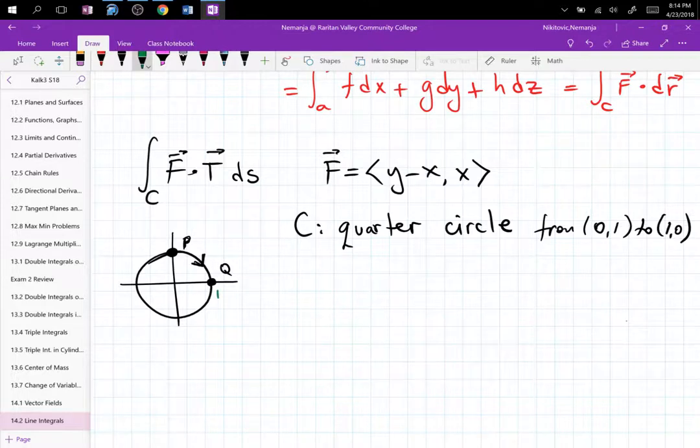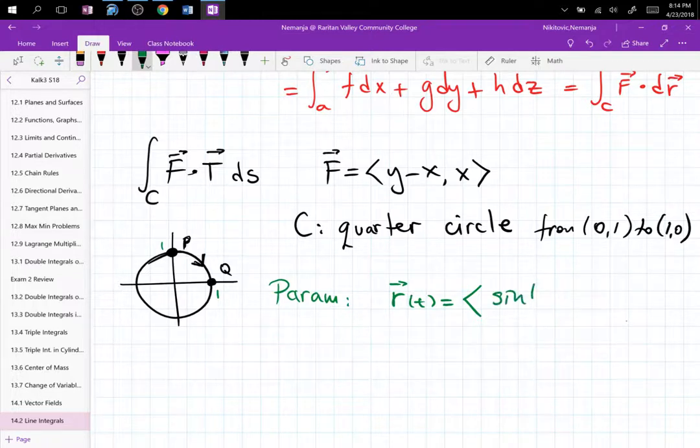Clearly this is all ones. What's my parameterization? What's r? I know it's x, y, right? So what's x? Sine. Nice. Yes. If that arrow was the other way, it would be cosine.